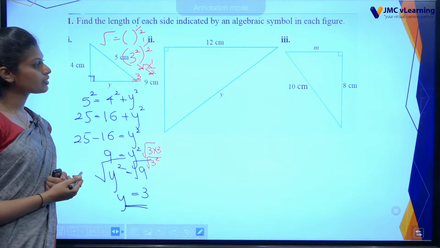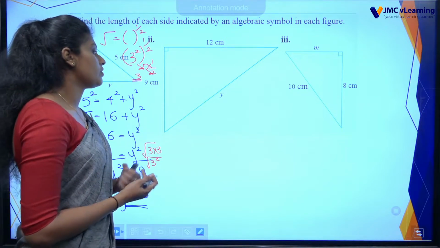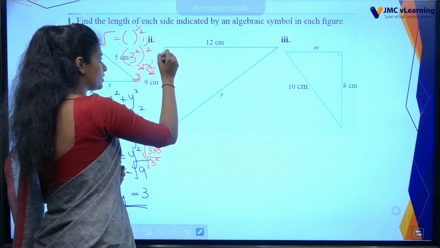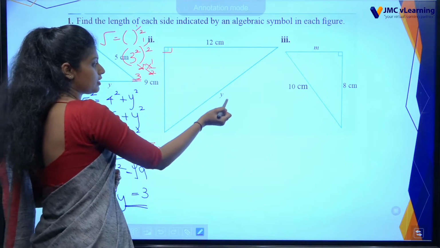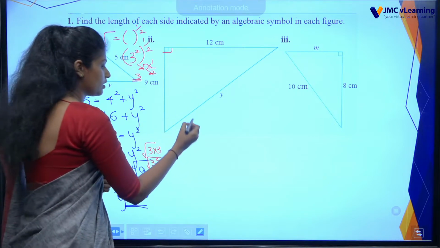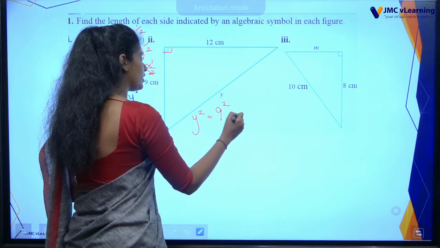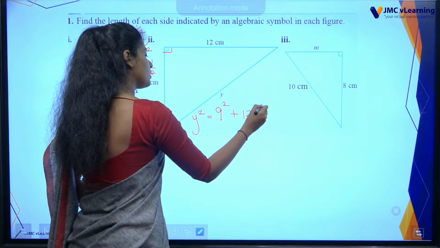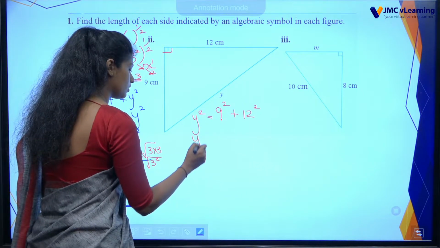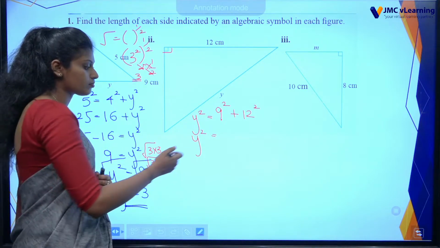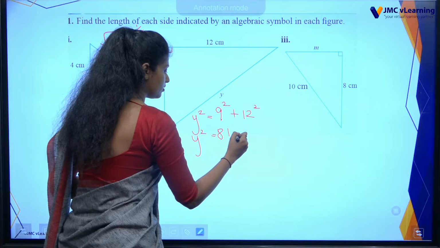Now we move to the second one. Then we have to find the length of the hypotenuse, y. This is 90 degree, the opposite length is y. Then y squared is equal to 9 squared add 12 squared. Then 9 squared, 9 into 9, 81.